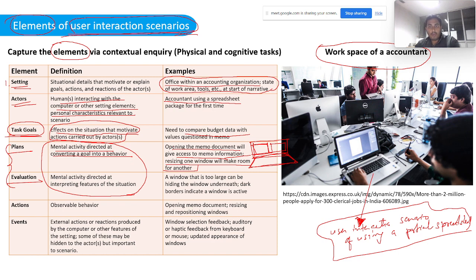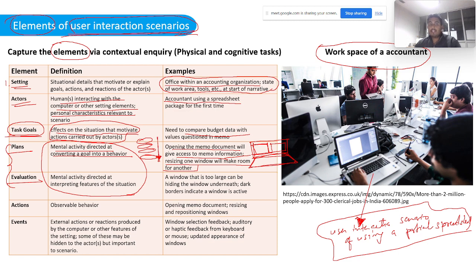For example, while opening that spreadsheet, he may have gone through multiple mental activities, mental operations, and then finally arrived at the step where he opened a particular Excel sheet. Visibly, these are not available to someone who is watching that action, but there are ways one can capture this information.